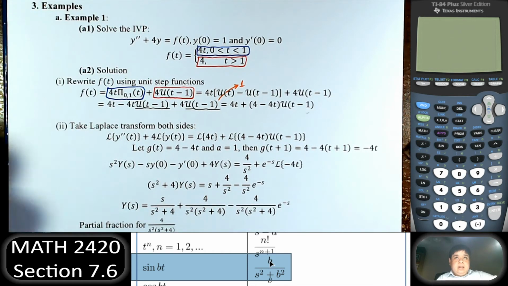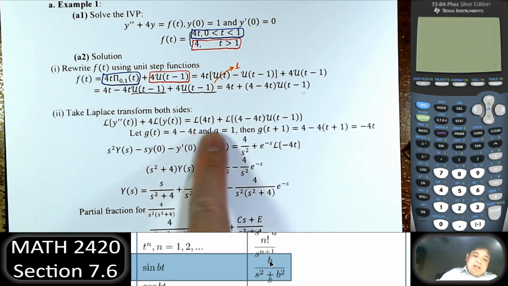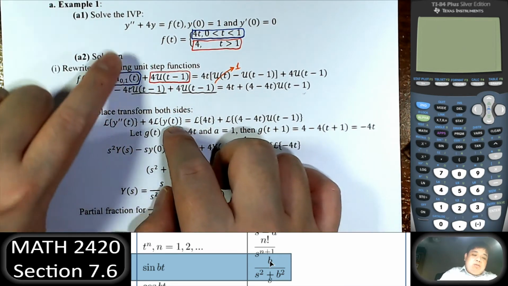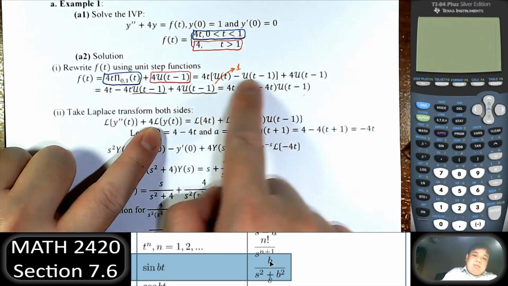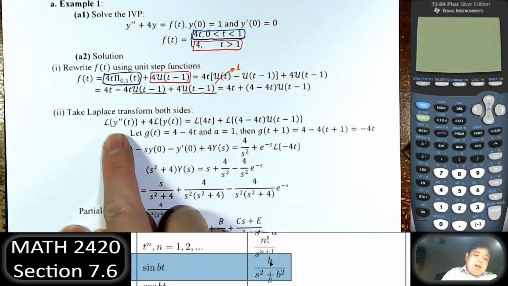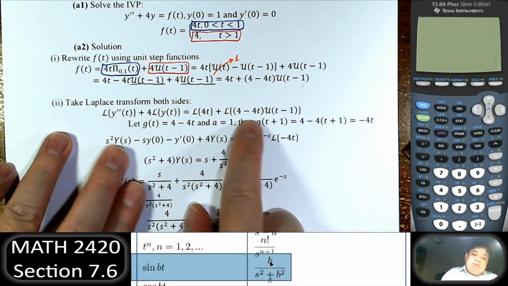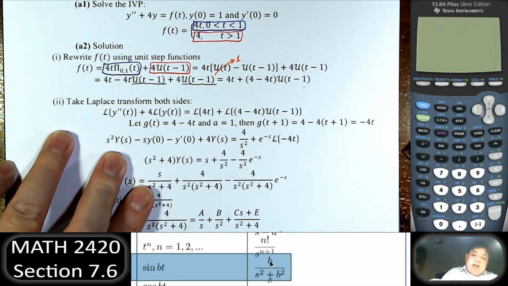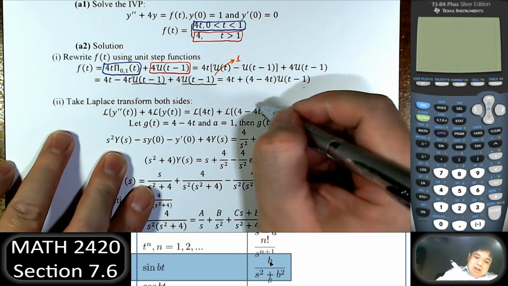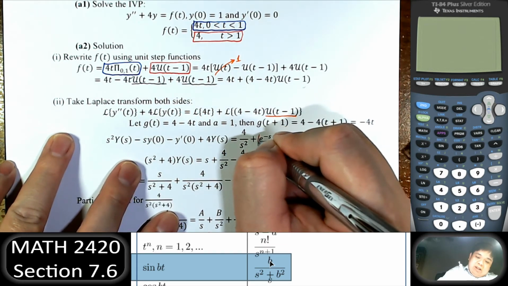So we put that on the right hand side. Laplace transform of the left hand side, Laplace transform of the right hand side. Laplace transform of 4t is easy, but for this one, it will be equivalent to e to the negative s.